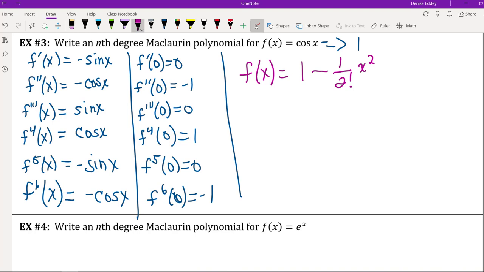And then the next term will be 0. Then the fourth term is positive 1, x to the third over 3 factorial. And then the fifth derivative is 0, and then I'm at the sixth derivative, which is negative, minus x to this, whoops, I am so sorry.